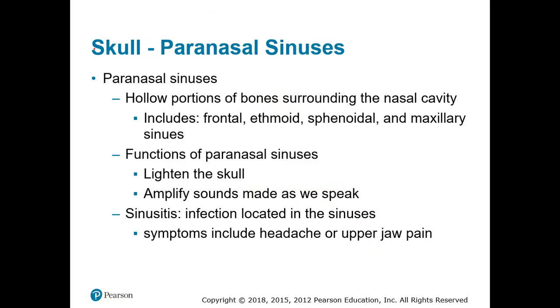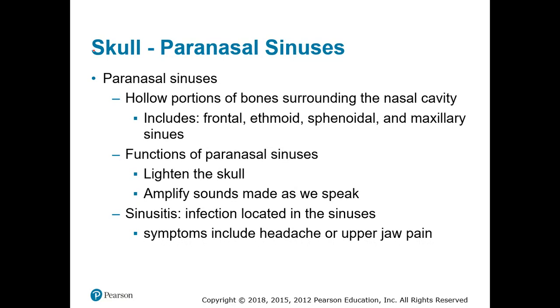Just like with our cranial bones, we talked about sutures. Within our facial bones, we're going to notice a lot of sinuses. And sinuses are just hollow portions of the bone that surround that nasal cavity. And this includes several cranial and a facial bone.